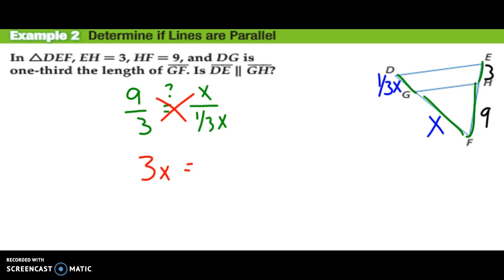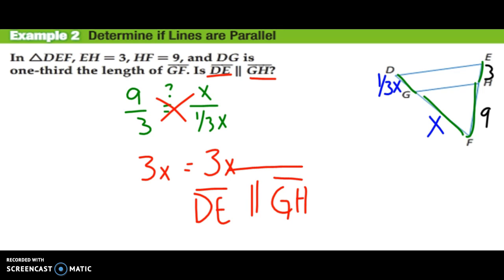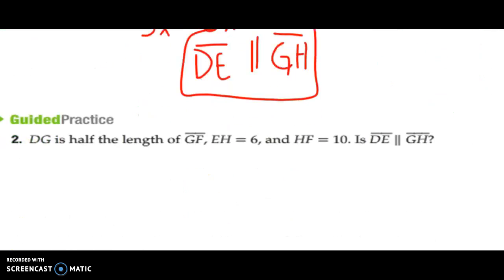And now 9 times 1/3 is 3X. So notice those are the same. So are DE and GH parallel? The answer is yes. So you can write DE is parallel to GH because those sides are proportional. Here's a guided practice problem. Feel free to try this one now.